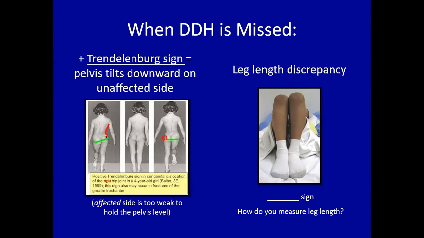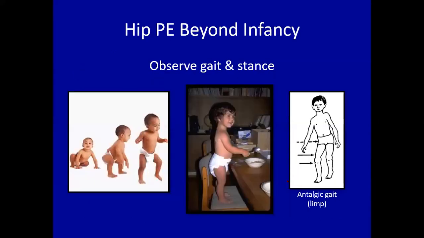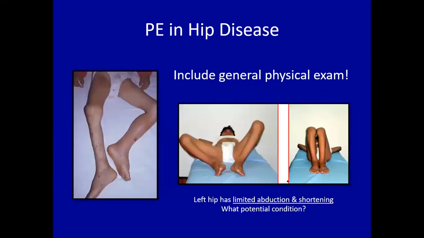But when she stands on this hip, it's already way up here, so it can't hold that weight, and she starts to let the contralateral hip go down. That's a positive Trendelenburg sign, and we need to definitely image this girl. She's 4 years old, so we could easily do that. And then here's that positive, what sign? Galeazzi sign.